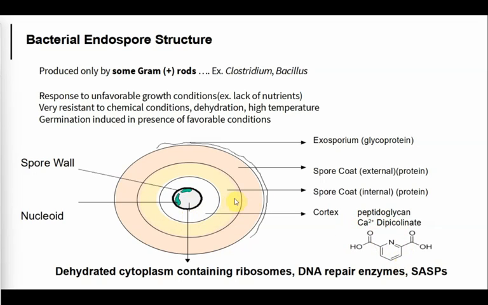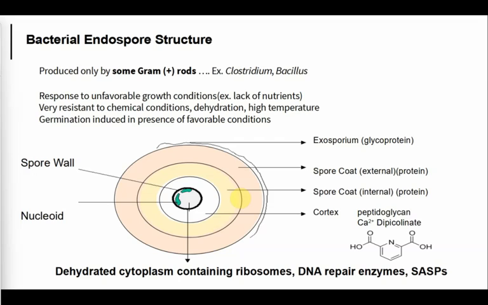Then outside you have the spore coat, which is formed of protein and mostly not doing very much. It's just a protective coat of protein. But in amongst there you have some inactive proteases. So this is why the endospore is very, very resistant. Any kind of chemical attack, it just gets absorbed in the protein here. Nothing can get through.